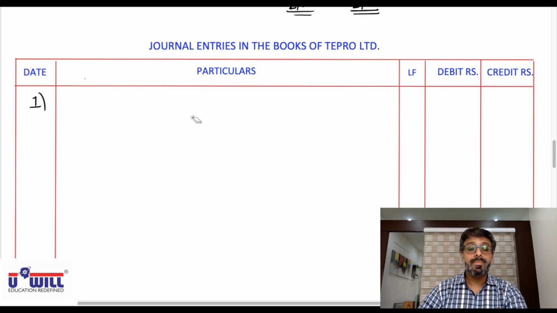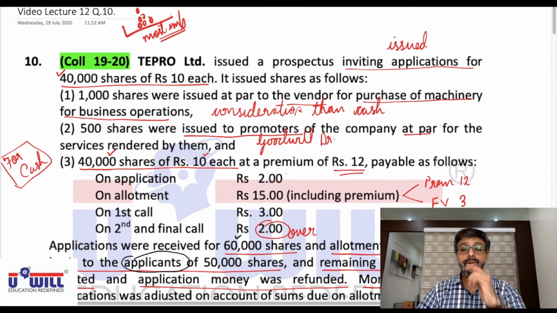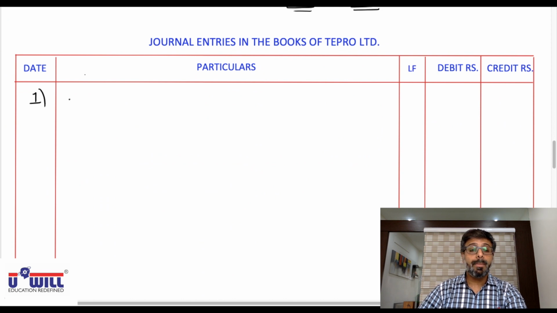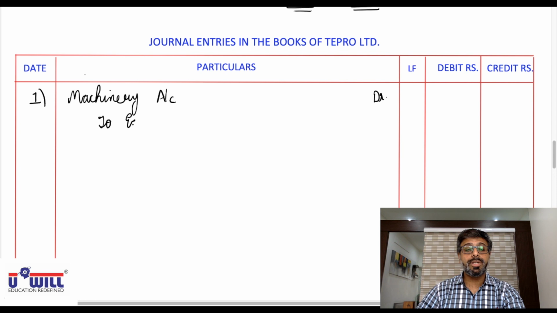Okay, now be attentive. First entry is for issue of shares for consideration other than cash. So 1,000 shares were issued at par to the vendor for purchase of machinery for business operations. Machinery comes in, debit what comes in, machinery account debit, and shares goes out, credit what goes out, so equity share capital account.